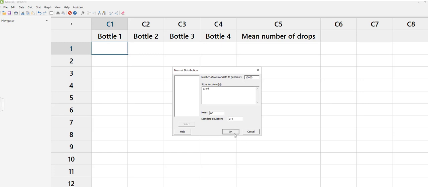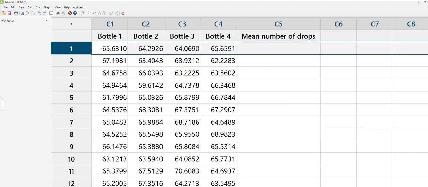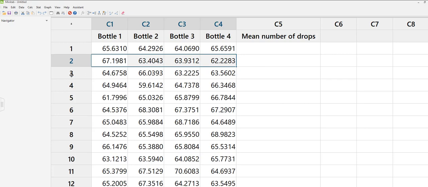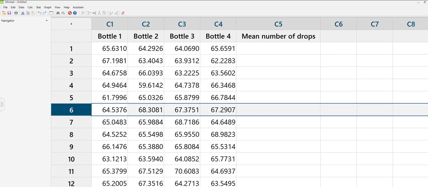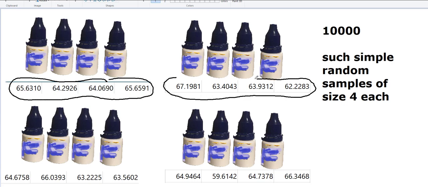Let's look at those 10,000 samples. Here we have the first sample of size 4, then the second sample of size 4, and so on. Each row gives us the contents of a set of 4 bottles, and we have 10,000 such samples.